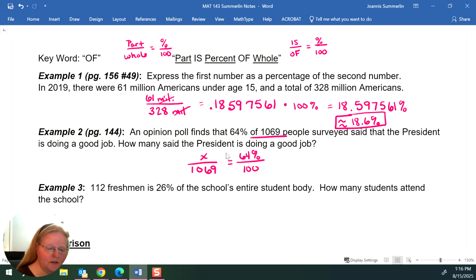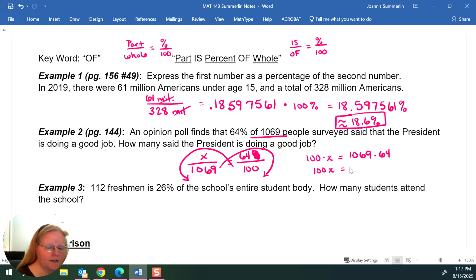In order to solve this, I have to cross multiply, which means that I'm going to get 100x is equal to, I don't want to write 64%, I just want to write the 64. Remember, you don't put a percent in your calculator. So 1069 times 64.